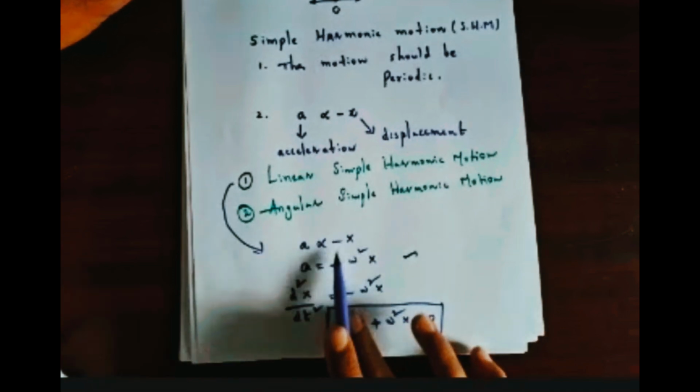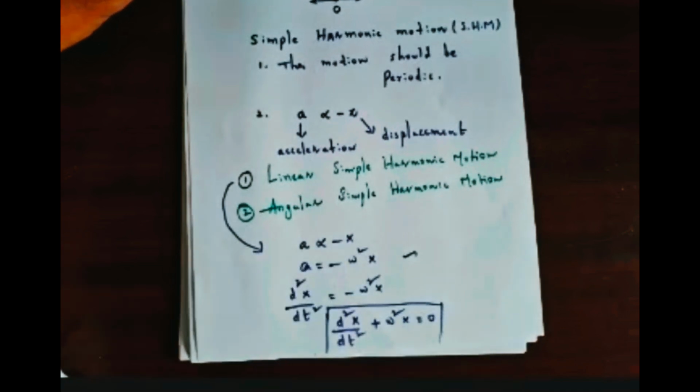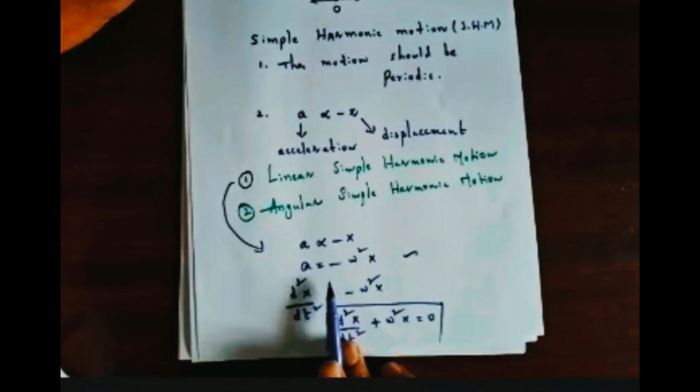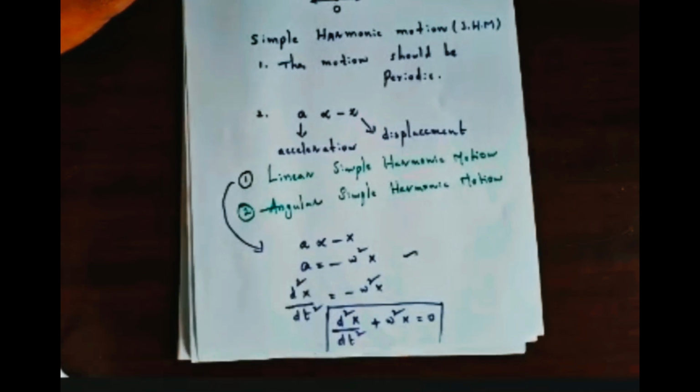Now, once you consider the acceleration, acceleration is directly proportional to the displacement of the particle. Then how are these two directions? The directions of these two are opposite. So we represent it as the acceleration of the particle is directly proportional to the displacement of the particle and acting in the opposite direction, which the minus gives. So simply we take it as a is equal to minus omega square x.